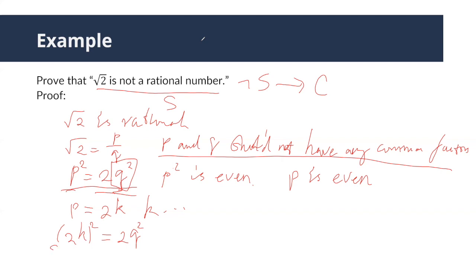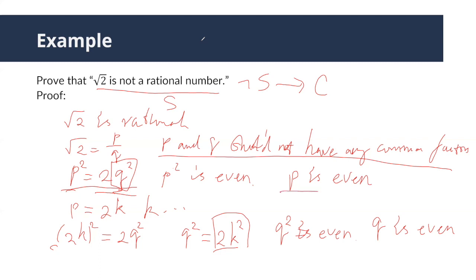Then you can cancel 2 on both sides. You have Q squared equals 2 K squared. Therefore, Q squared is even. And now let's use the theorem that if Q squared is even, Q must be even. This is from the first example for proof by contraposition.